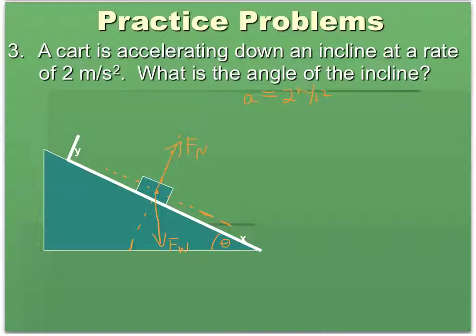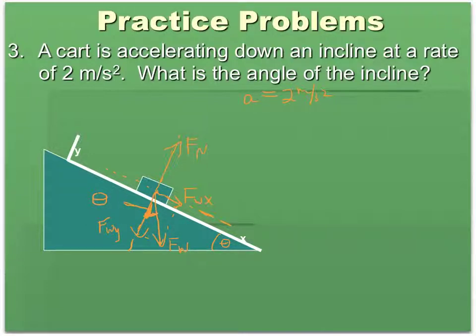Okay. I know again that my FWX and FWY are going to be acting in the complete x and y directions, and I know that the angle that that incline is at is equal to this angle right here. Okay, so that is our theta.